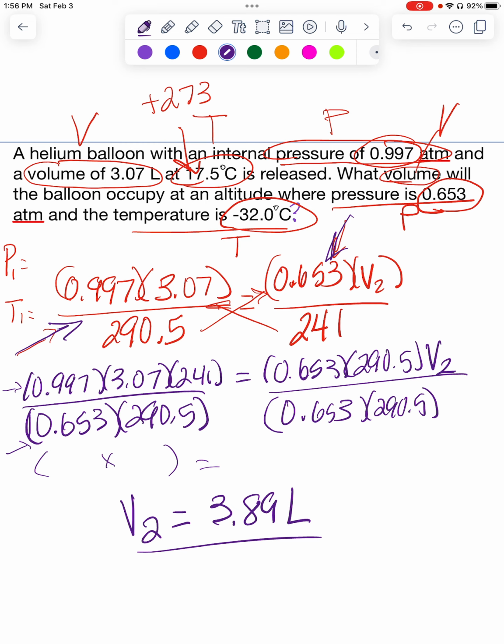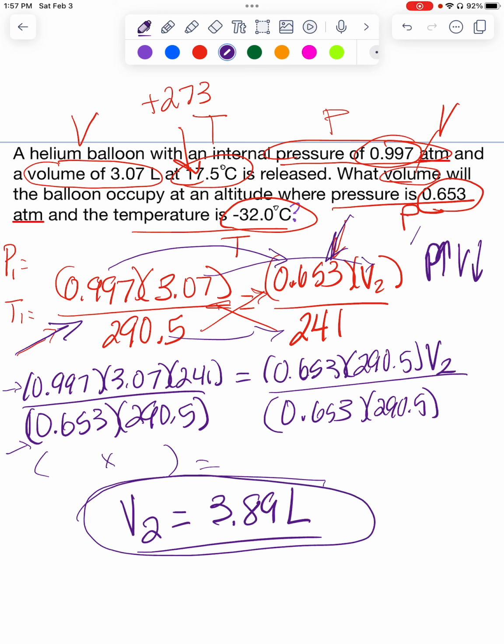So if this was our pressure and we lowered the pressure, typically the volume goes up. Think about a sponge. If you squeeze on the sponge, pressure goes up, volume goes down. And our temperature went down a little bit. So that does have a factor in it, but just look and ask yourself, does my answer make sense? That does seem like it's in line with the answer.